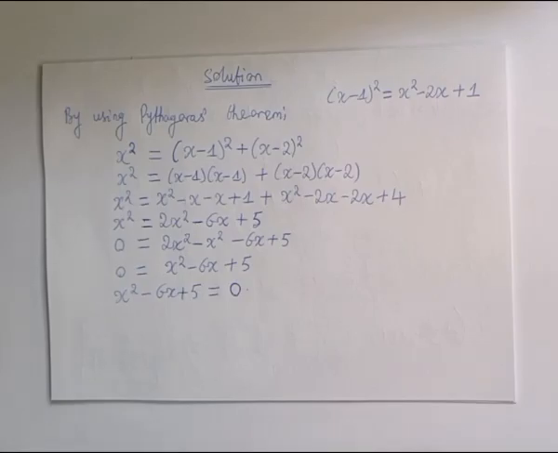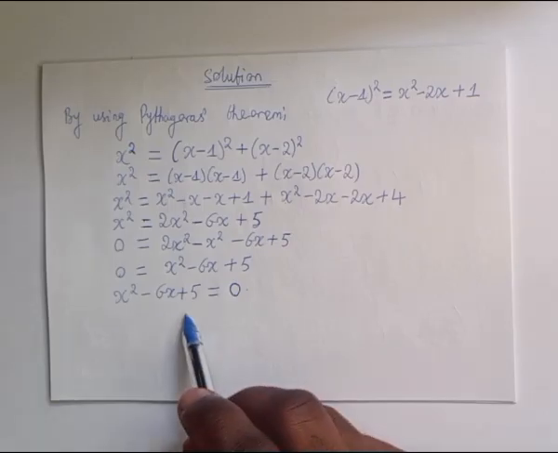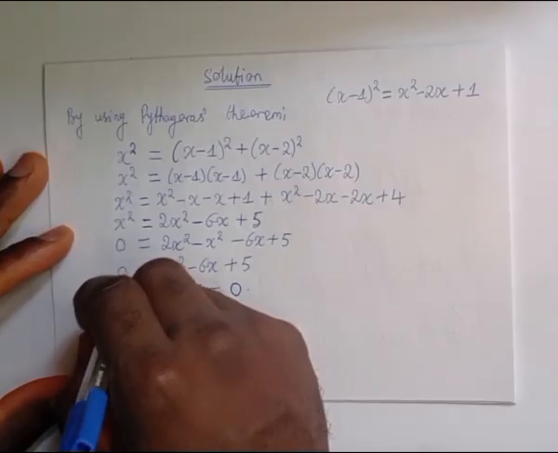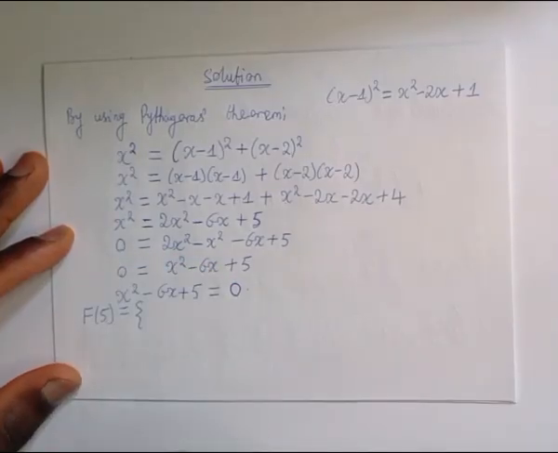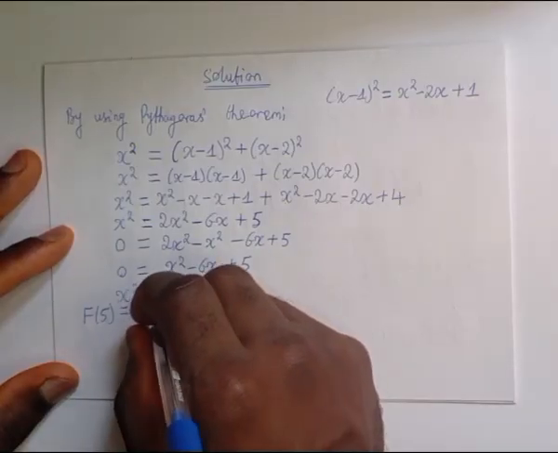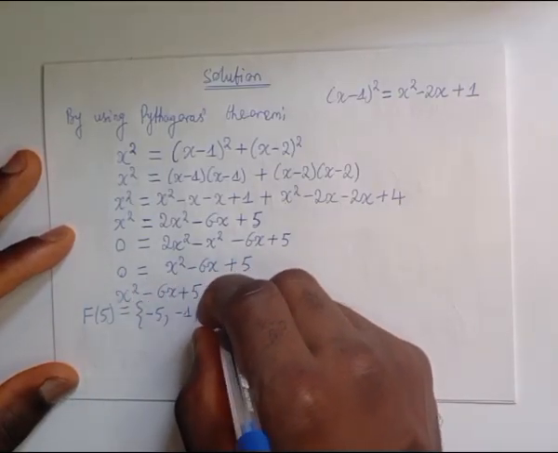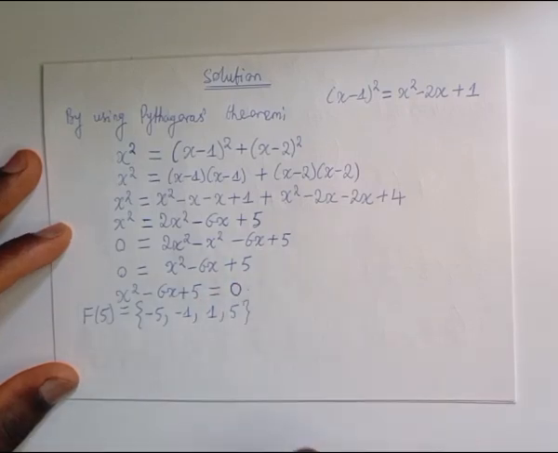The above quadratic equation can be solved by the method of factorization. First, we are going to write out the factors of the constant term, that is 5. We're going to write down both the negative and positive factors of 5. We have negative 5, negative 1, 1, and 5.